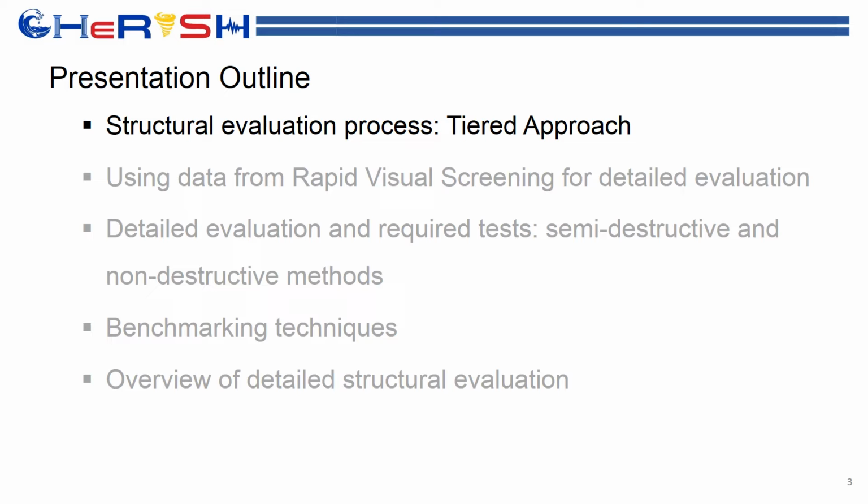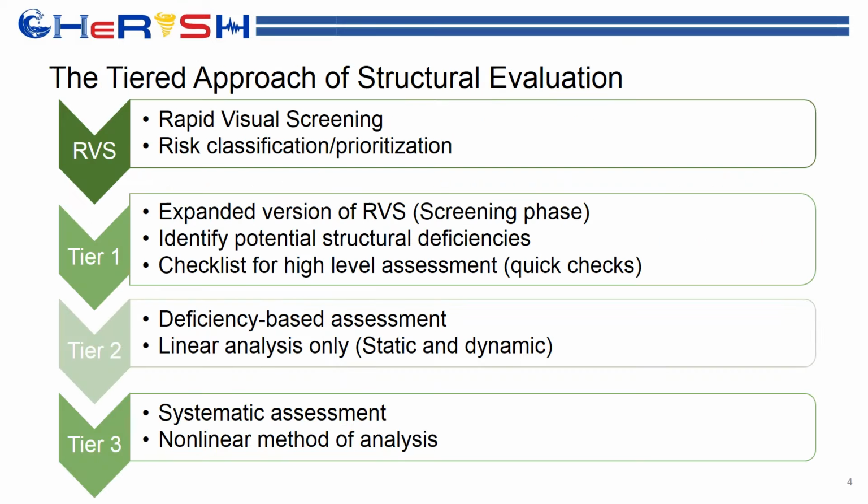First, on the evaluation process, or the use of what we call the tiered approach in conducting seismic evaluation. Now, the tiered approach in conducting an evaluation on existing buildings can be generally classified into 3 tiers. But we understand that before we move to this tiered approach, we need to conduct what we call the rapid visual screening, which was discussed and explained to you today.